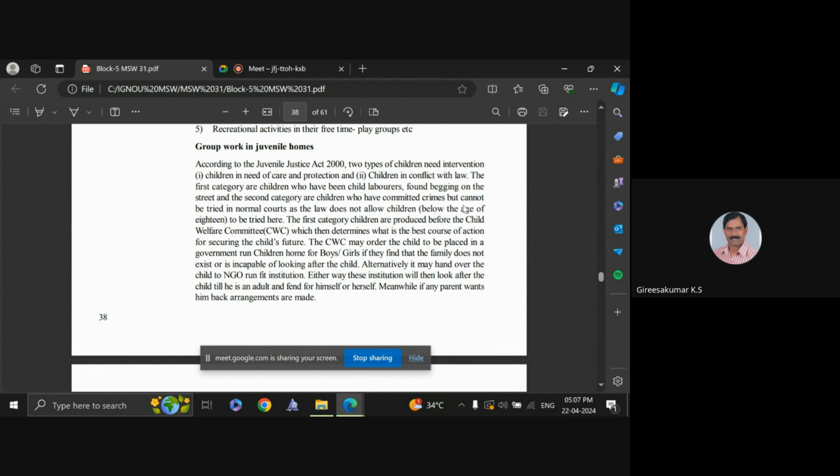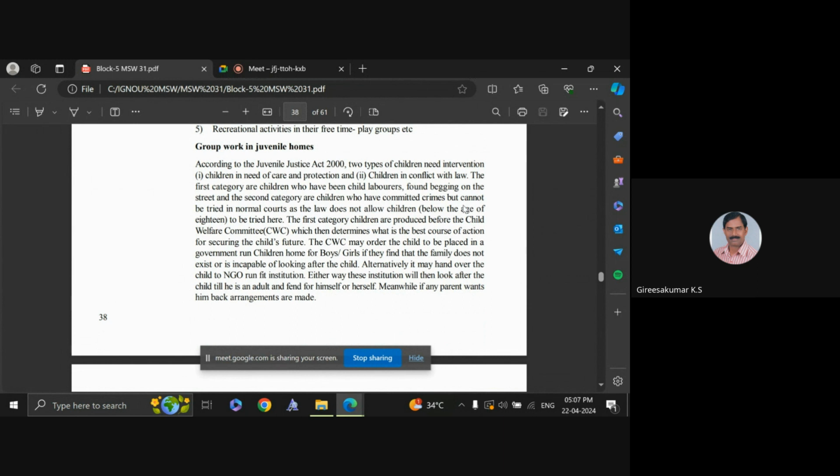Then it will be handed over to an NGO-run institution. Either way, these institutions will then look after the child till he is an adult and can fend for himself.